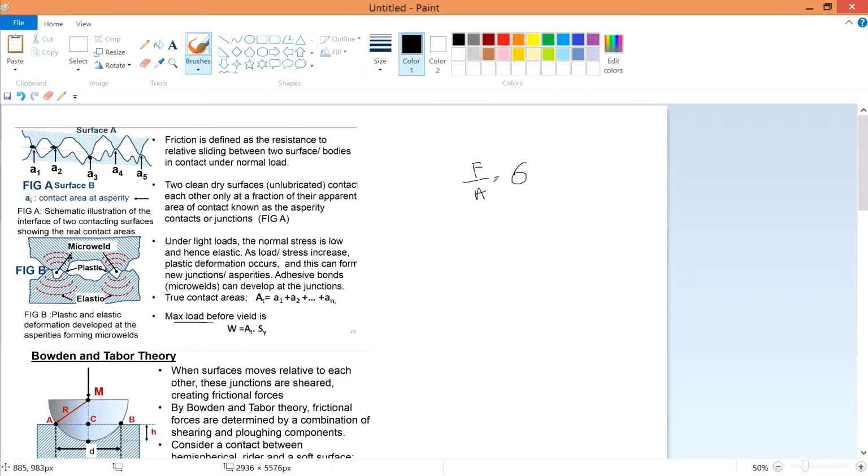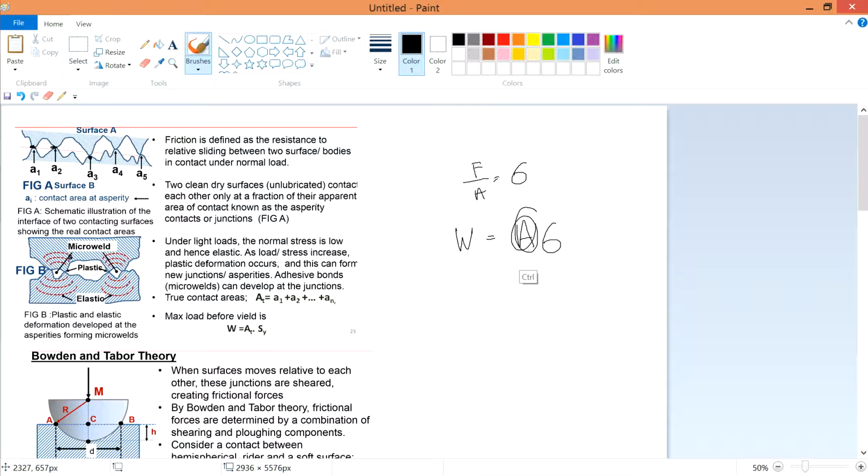So the maximum load before yielding is this one. Your load W, or your normal force, is force over area. So for example, you change the force to W, and then you bring the area upwards, and you have area times stress, because force over area equals stress. The area we have found is the contact area between all of them.